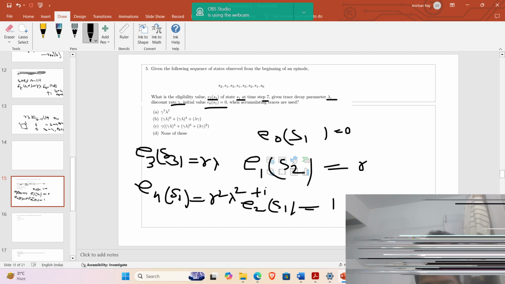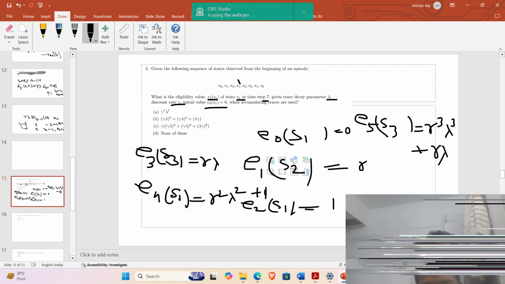This is what we get here. Now S3 you have to look at, so E5(S3), not desirable, so this becomes gamma cube lambda cube plus gamma lambda.